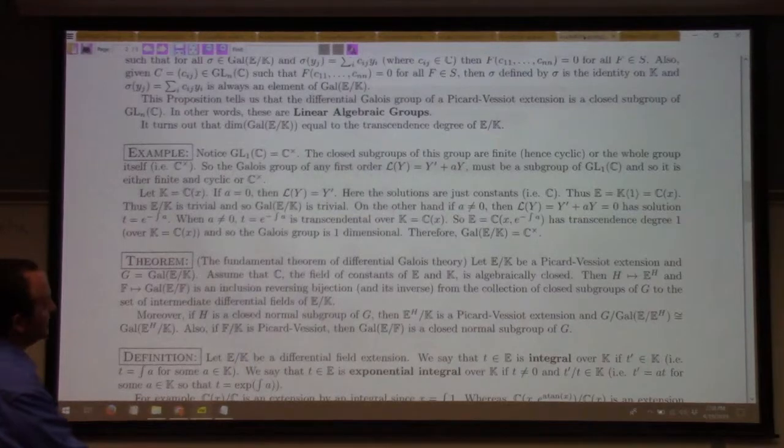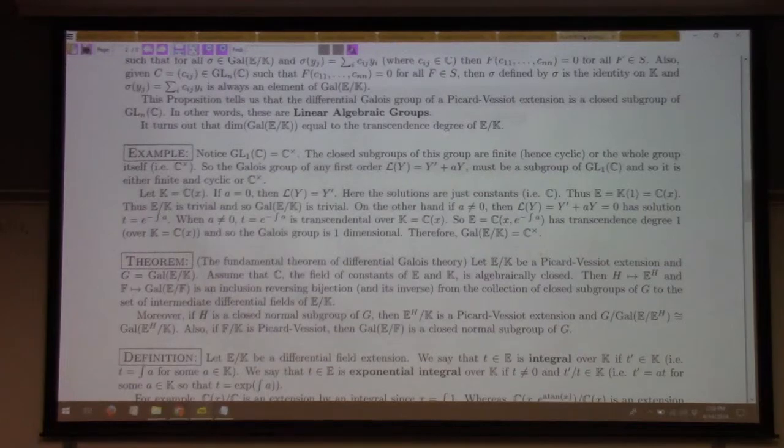And the closed subgroups of this group are finite, hence cyclic, or the whole group itself. So the Galois group of any first order differential equation must be a subgroup of GL1(C), and so that means it's either finite and cyclic or it's all of non-zero C.